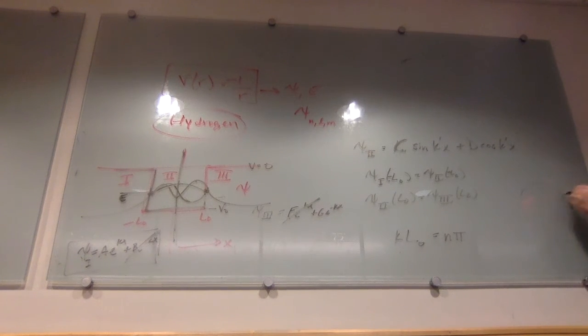So this is symmetric, this is anti-symmetric, this is symmetric again, so these are just cosines and these are sines. So I shouldn't say symmetric and anti-symmetric, I should say even and odd.